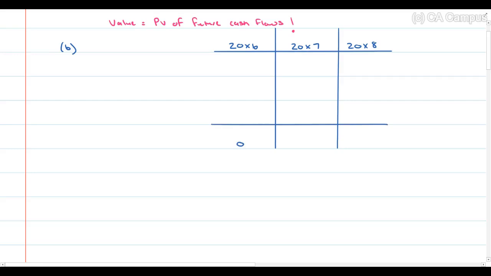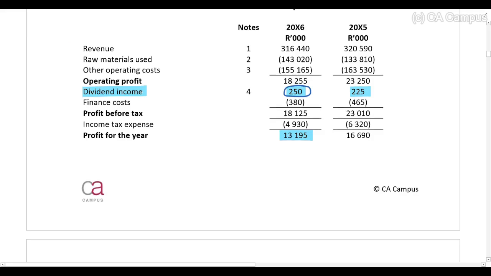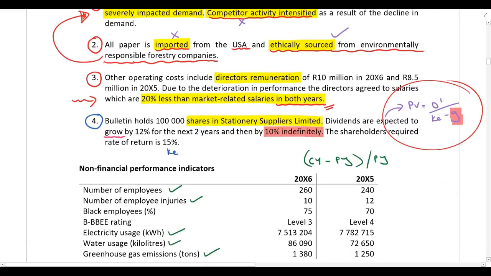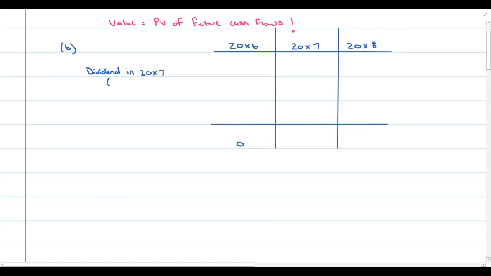We can easily calculate the dividend in 20x7 because we have the dividend in 20x6 and we know that it's going to increase or grow by 12% for the next 2 years. So the dividend in 20x7 will be 280,000 Rand.